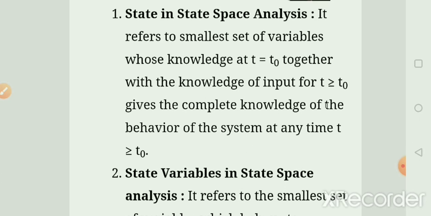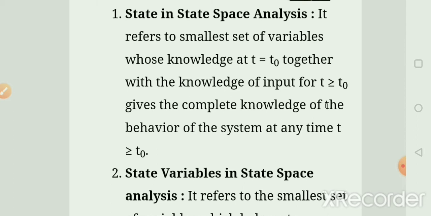Here we have some parameters. First, what is a state in state space analysis? It refers to the smallest set of variables whose knowledge at t equal to t0, together with the knowledge of input for t greater than or equal to t0, gives the complete knowledge of the behavior of the system at any time t greater than or equal to t0.